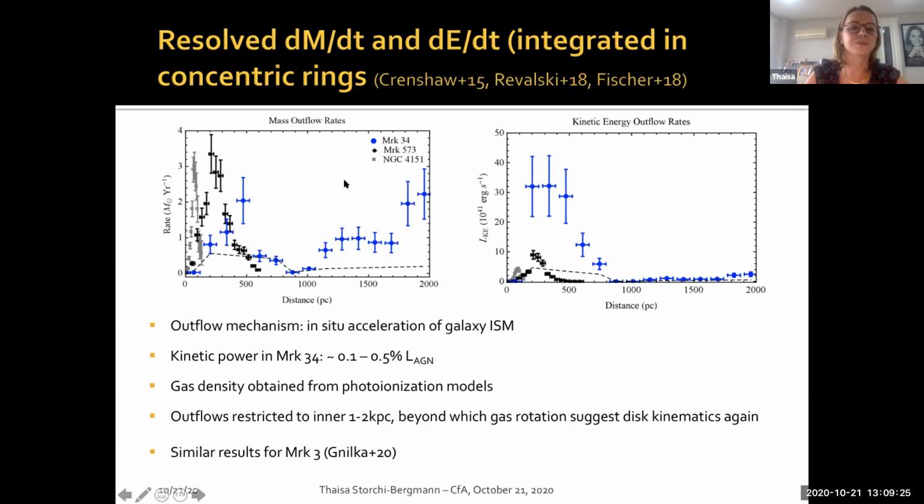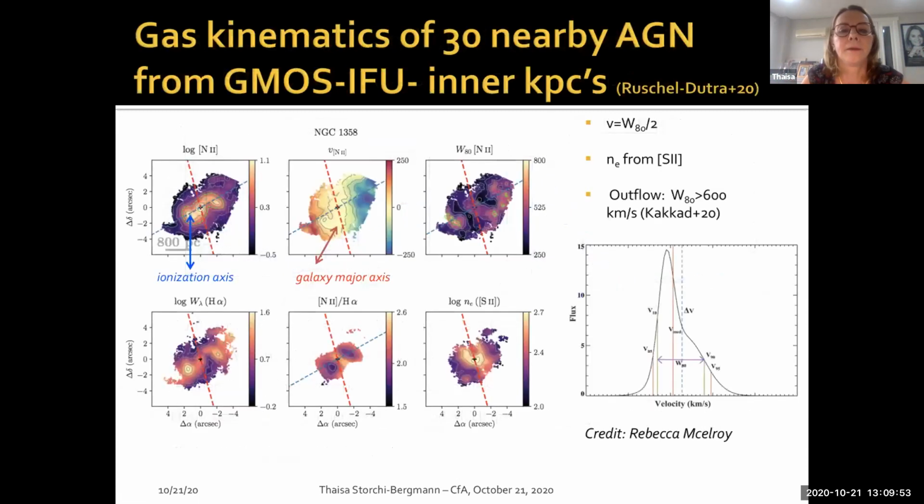In the case of the most luminous galaxy, Markarian 34, the kinetic power of the outflow barely reaches the limit of 0.5% of the AGN luminosity. So in this galaxy, the power is enough to impact the galaxy. In the others, the power is lower.